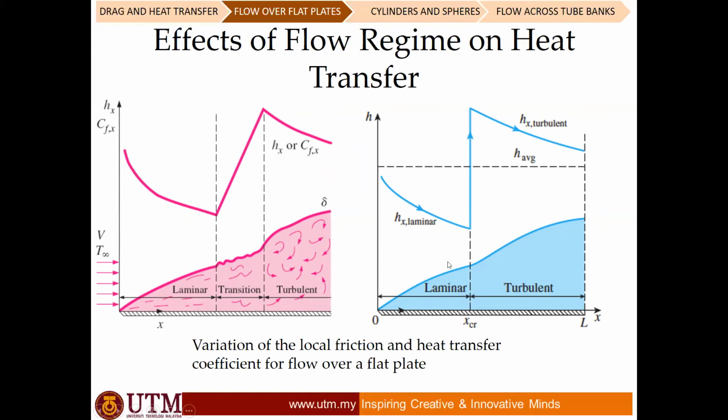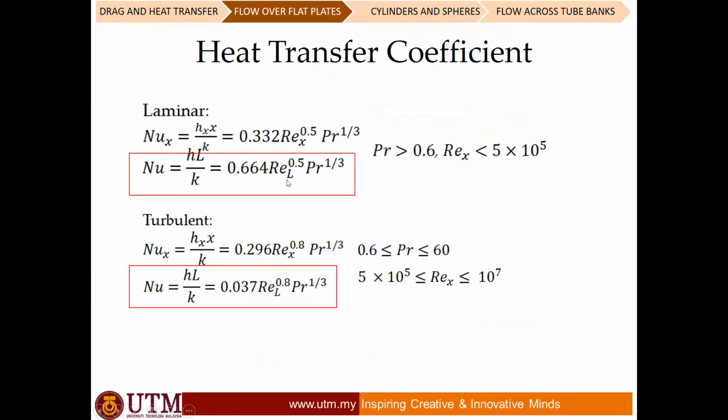Looking over here, if your flow is laminar, your heat transfer coefficient will be low. If your fluid is turbulent, your heat transfer coefficient will be high. So if you want to cool faster, you need to ensure you're working in turbulent flow so you can have a high heat transfer coefficient. And that's why the equations are different for laminar and for turbulent.